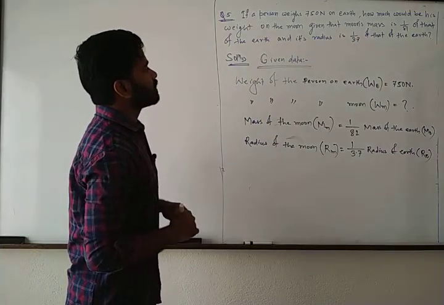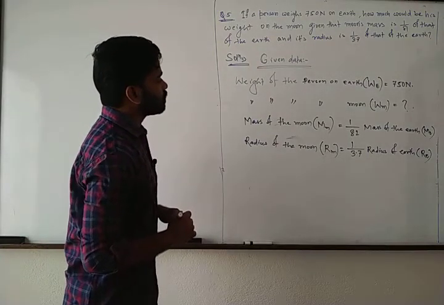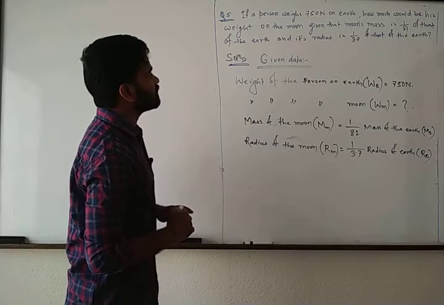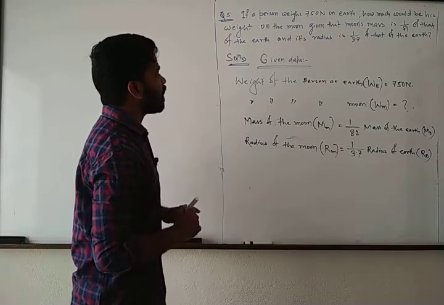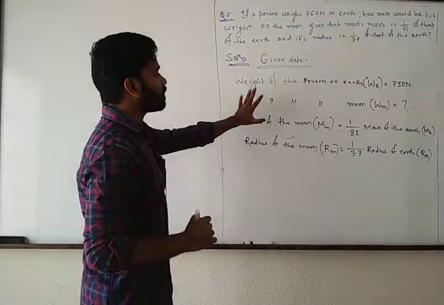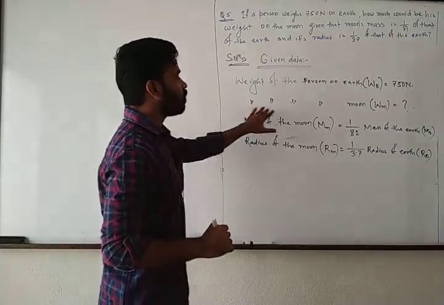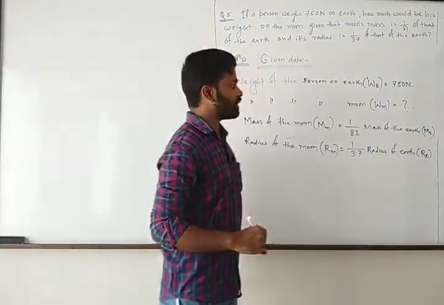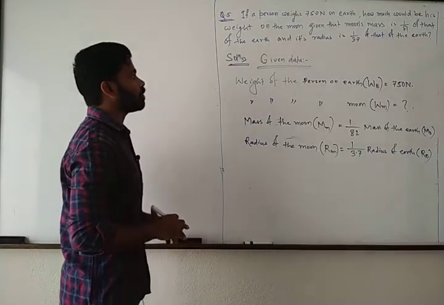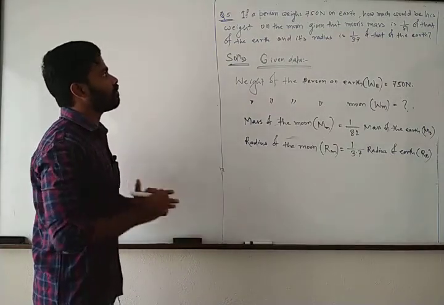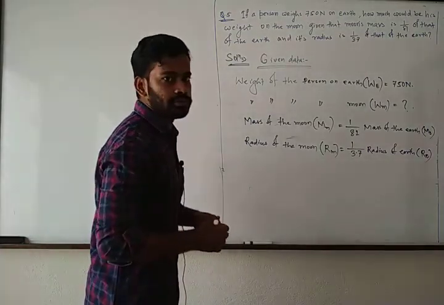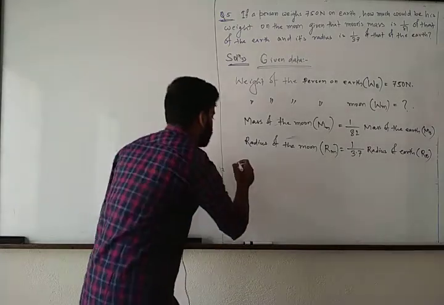Okay. So the given data section is completed now, and we have also known what is asked in the question, that is the weight of the person on the moon. And now the formula, which formula to be used? कौन से formula use करना है?